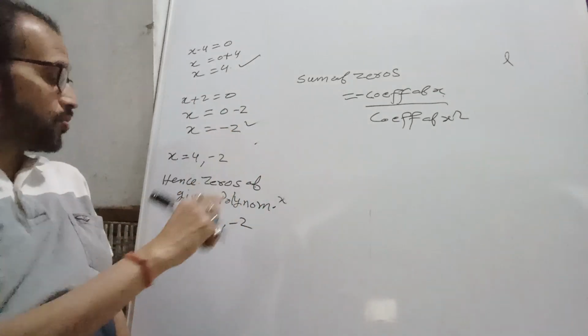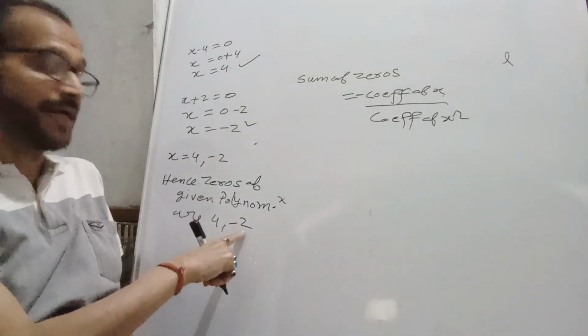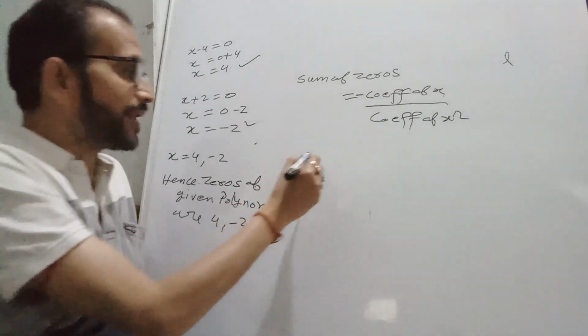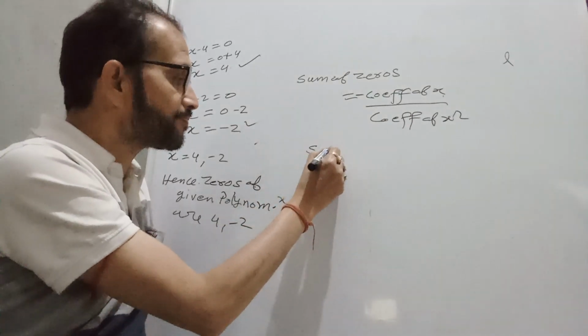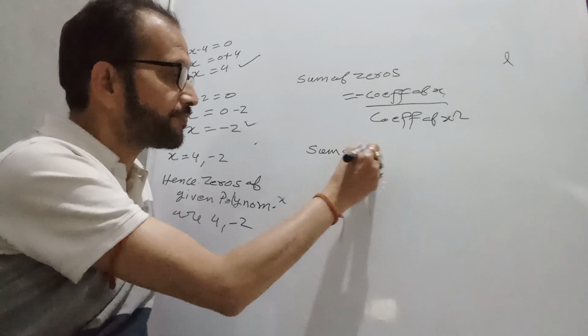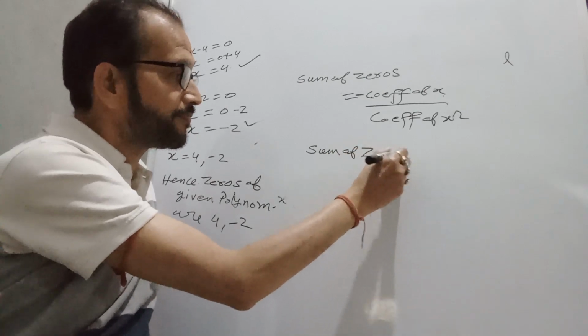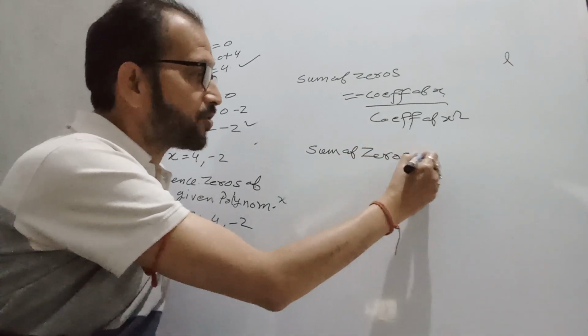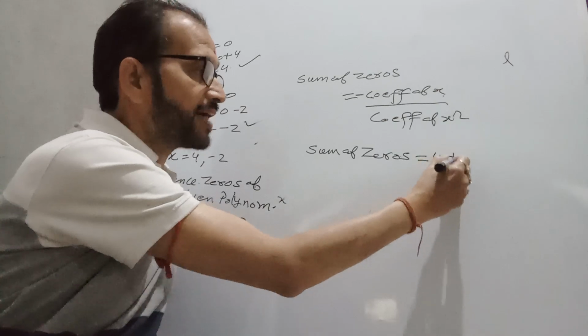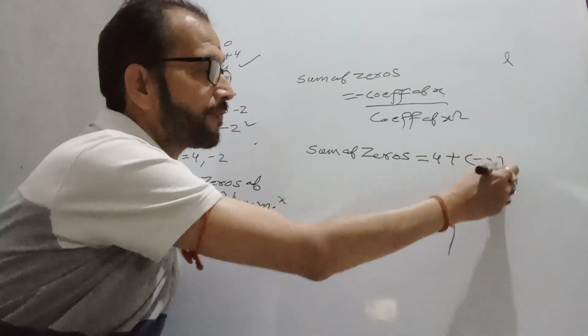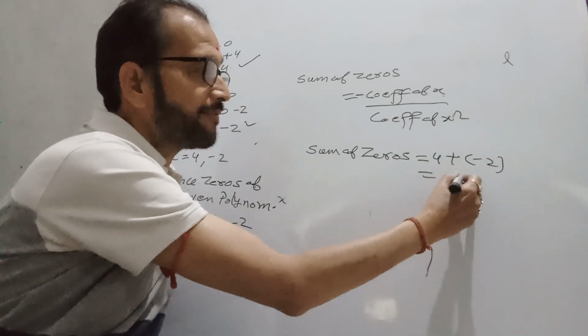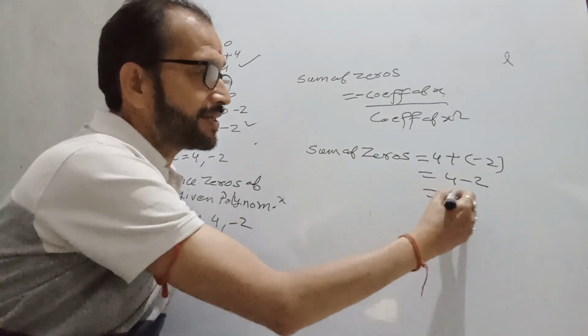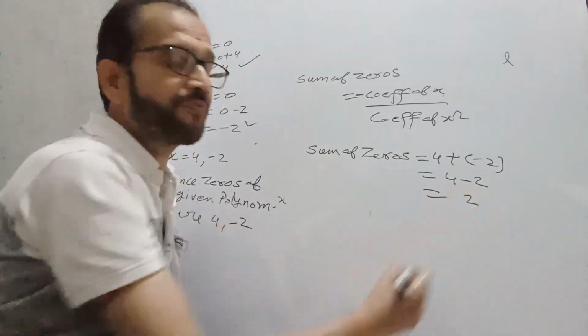Now, here the two zeros, 4 and minus 2. Then sum of the zeros is equal to 4 plus minus 2. Then you get 4 minus 2. This is equal to 2.